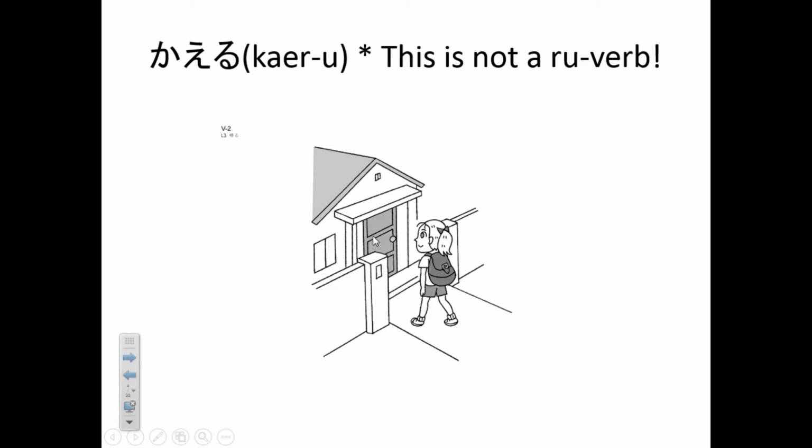But be careful about this one. This is ending with ru, but this is not a ru verb, but a u verb. Okay, so memorize this verb as a u verb, not a ru verb.